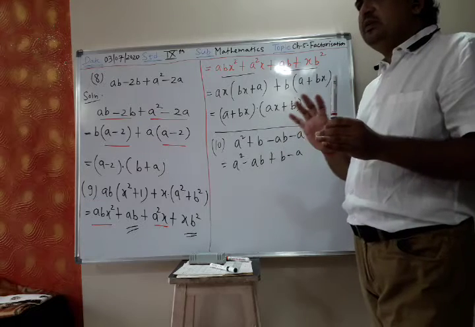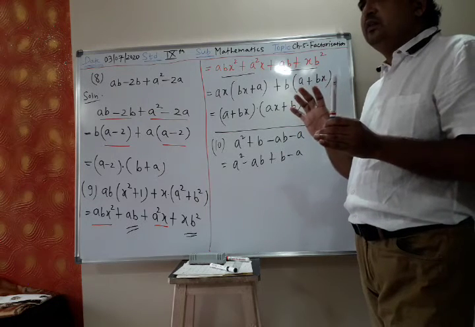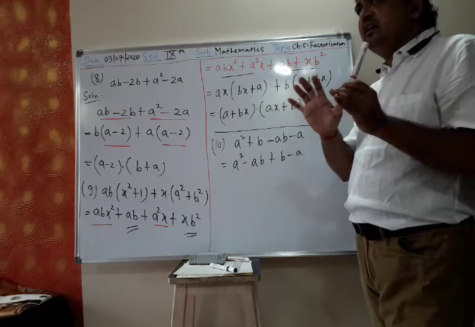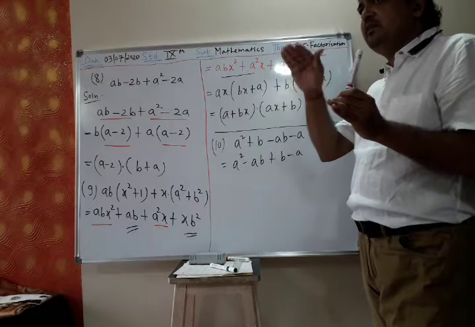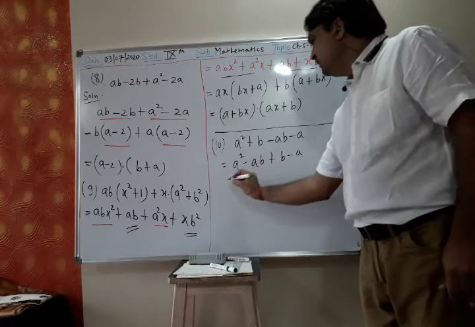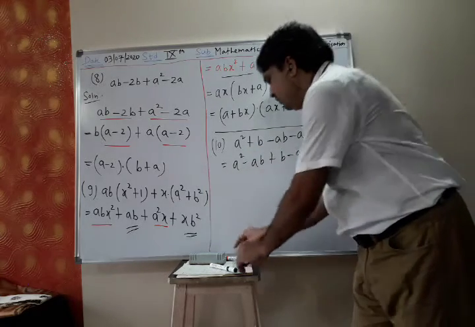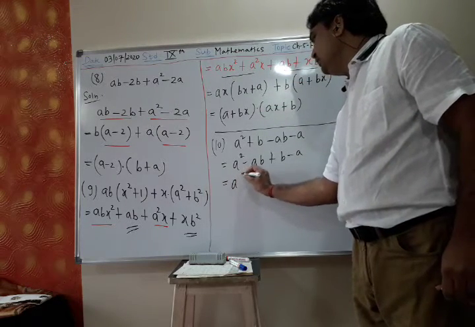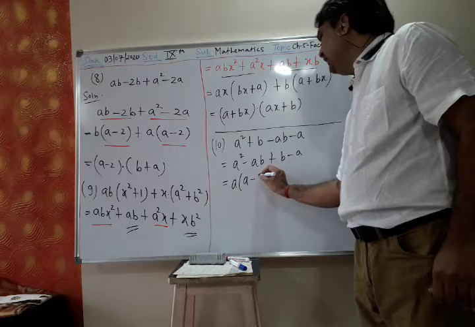So these are observations. They are not a fixed rule that you have to take first and third. You have to group in such a way that there is a common factor in the first term and second term. So I have taken A square, first and third. Now A square and AB, what is common? A is common, so what is left? A minus B is left.